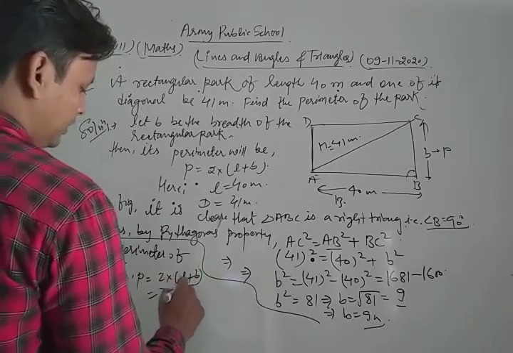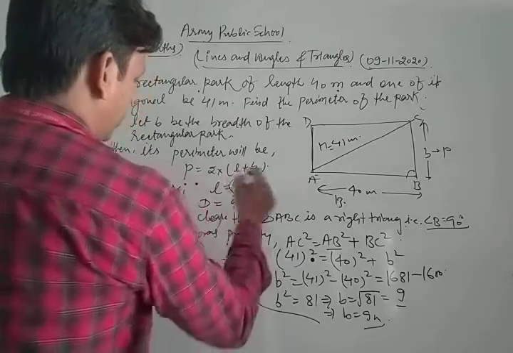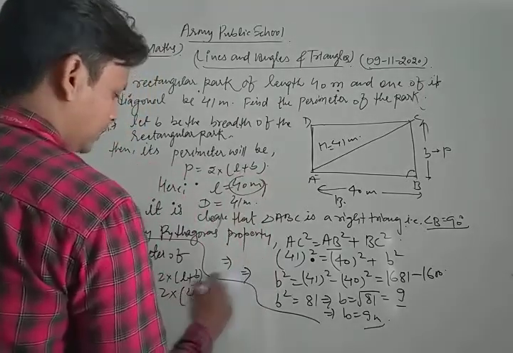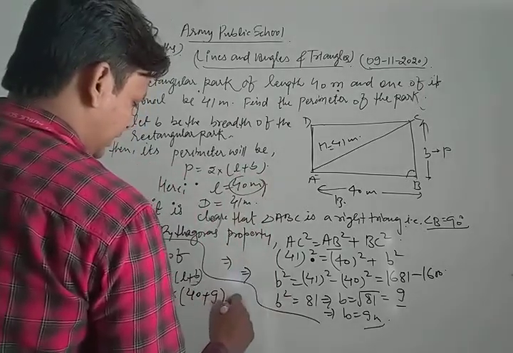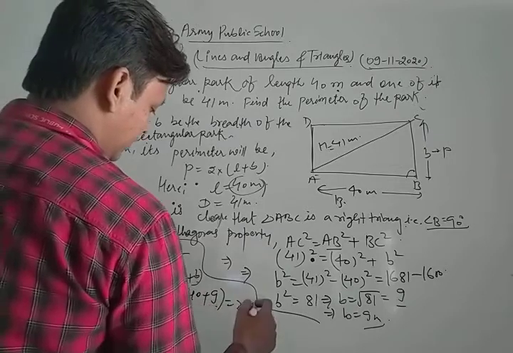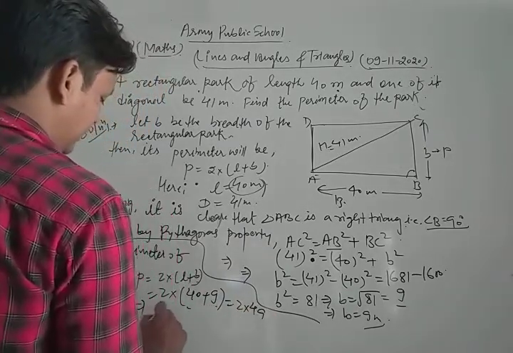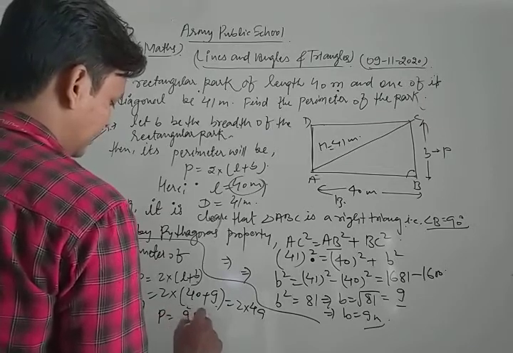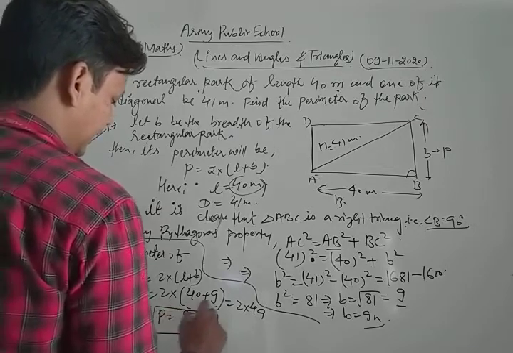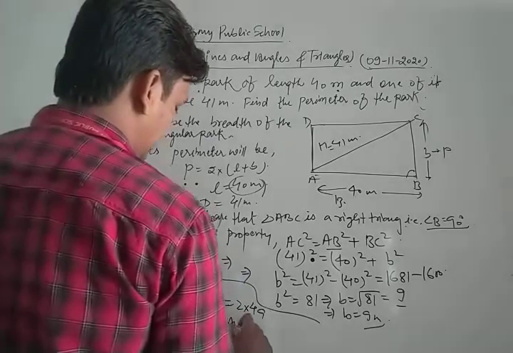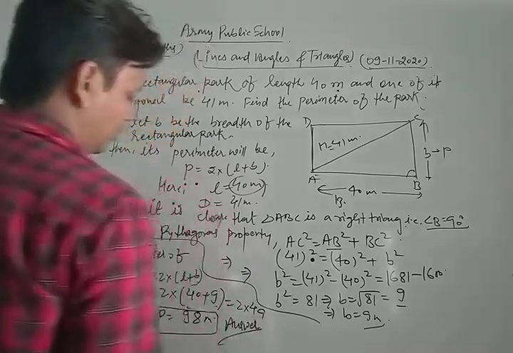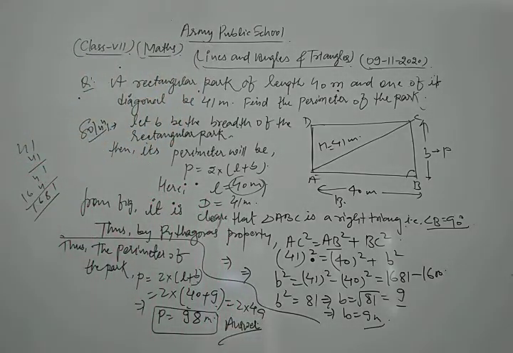That is 2 into length, length is 40, plus breadth, 9. That is 2 multiplied by 49, that is 98. Then the perimeter of the rectangular park is 98 meter. This is our required solution of the given question.